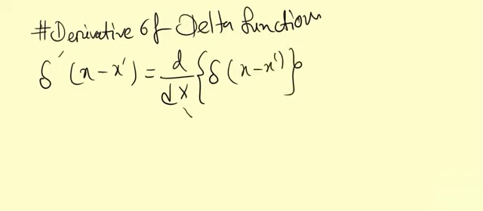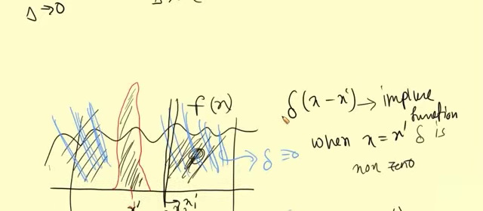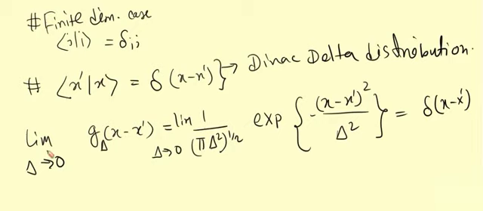But what happens when you evaluate this expression? If you evaluate this expression, this will turn out to be minus d/dx prime of delta(x minus x prime). This is a pretty peculiar property of this delta function, and this can be easily verified from the very definition of the delta function we wrote over here.